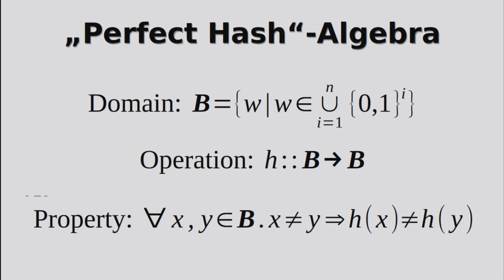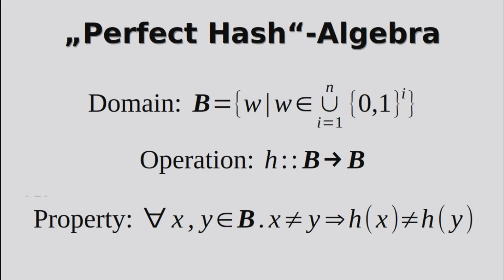So basically byte strings. The operation in this case is some hash function h, which we don't really care for. Well, we don't really care for the definition, but the property that we want to have is that for two unequal inputs, the output should also be unequal. And that would sort of result in a perfect hash algebra.